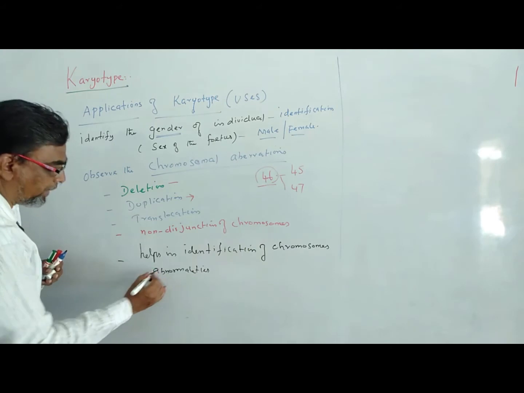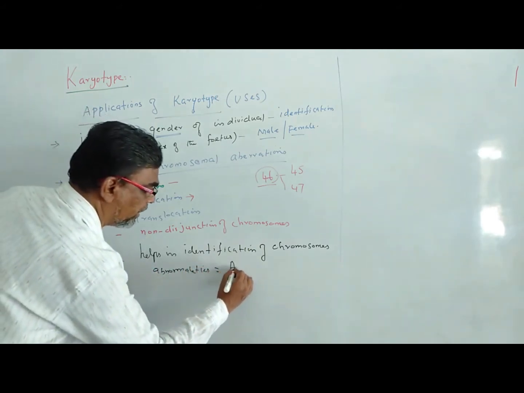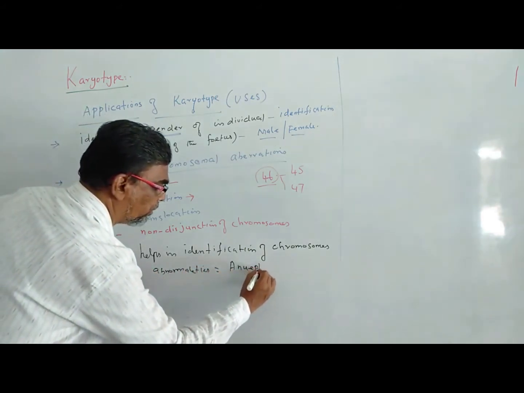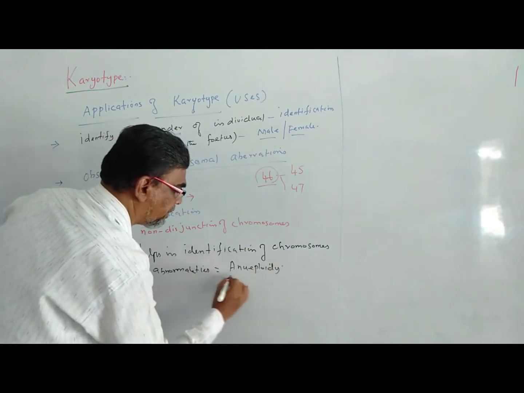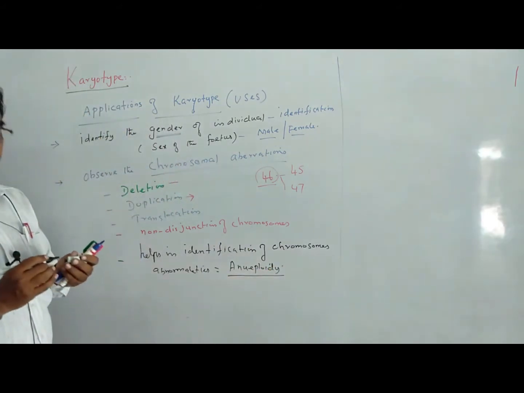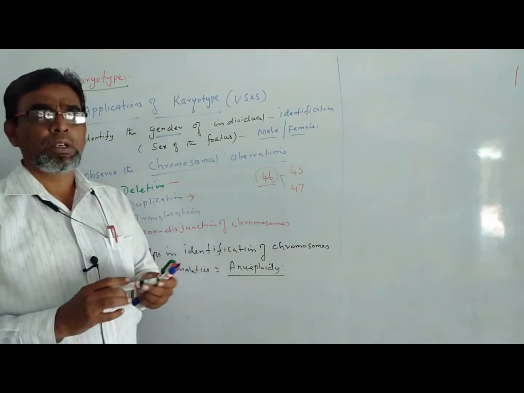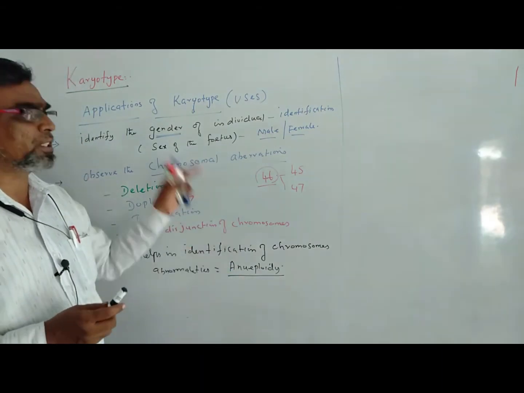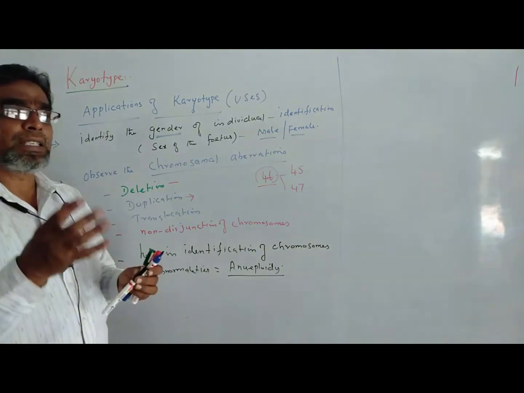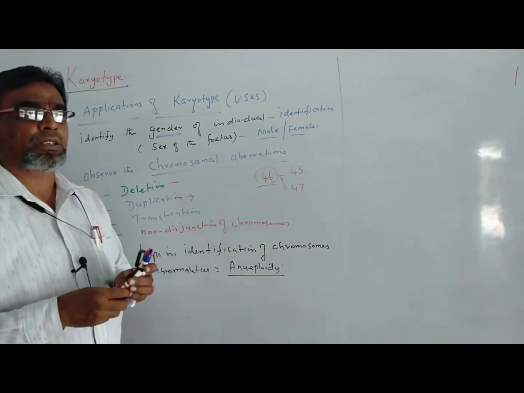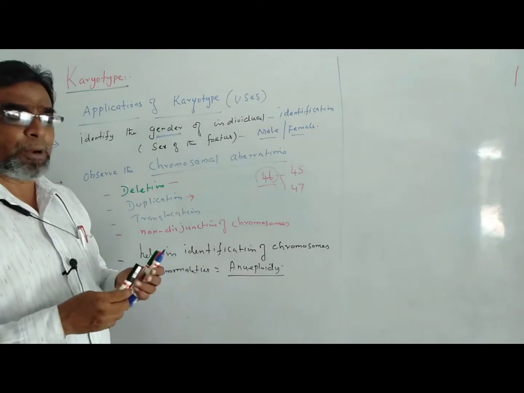Chromosome abnormalities, we can say, are called aneuploidy. Aneuploidy is one more disorder of chromosomes. So this also we can identify with the help of this technique, so that we can easily diagnose the diseases which occur in the early embryonic stage.